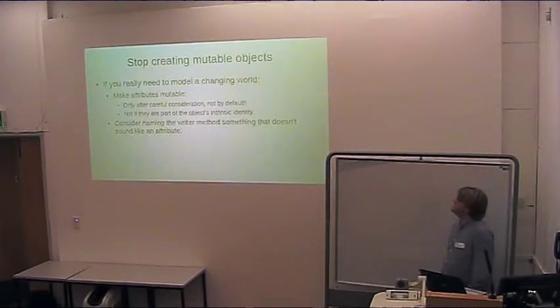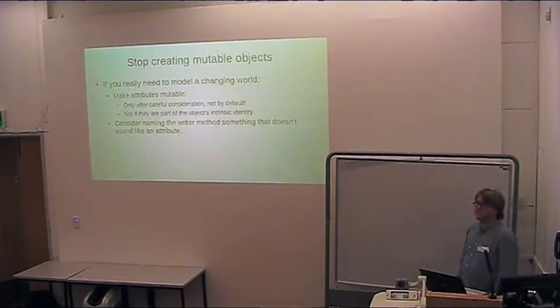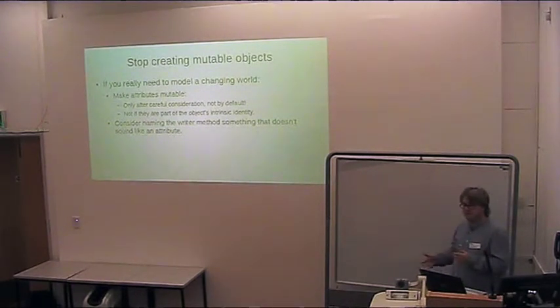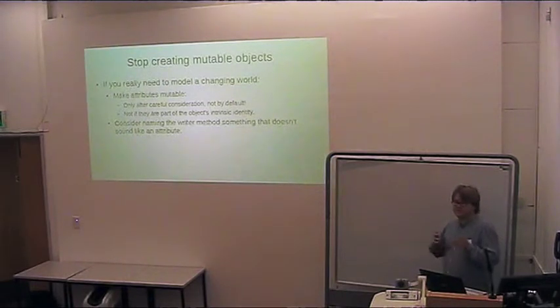So if you really need to change, to model a changing world, you can make it, but only as a last resort, and try not to change things which actually change what the object is. You can change someone's name, that's fine, people do change names, but it doesn't change who they are. And so you've got to look at which attributes your object has that make it intrinsically what it is, and try to keep them read-only for sure.